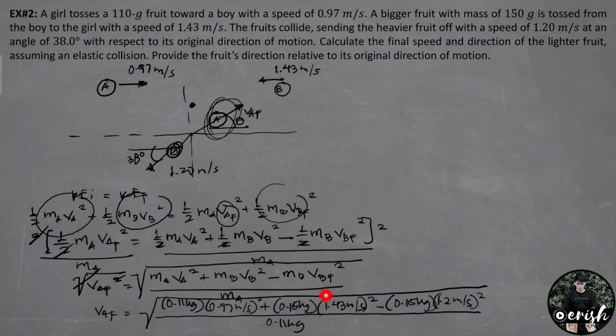By calculating, final velocity of A after the collision is equal to 1.33 meters per second.